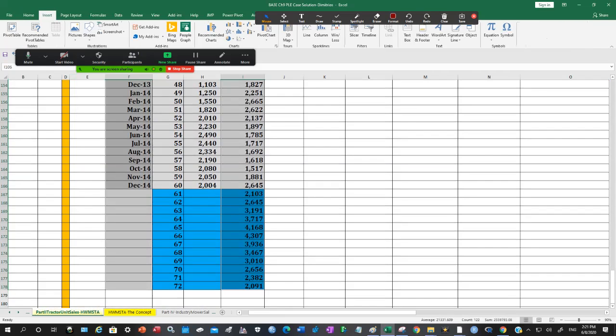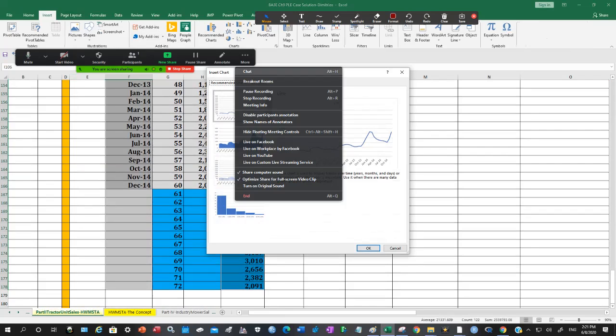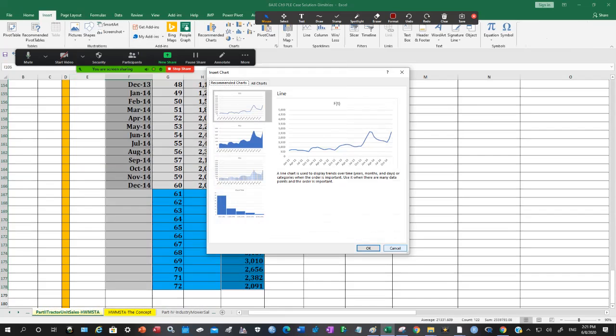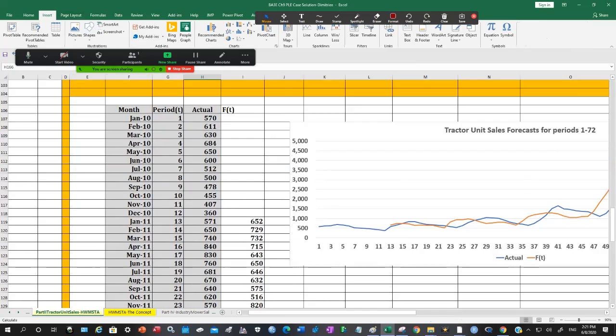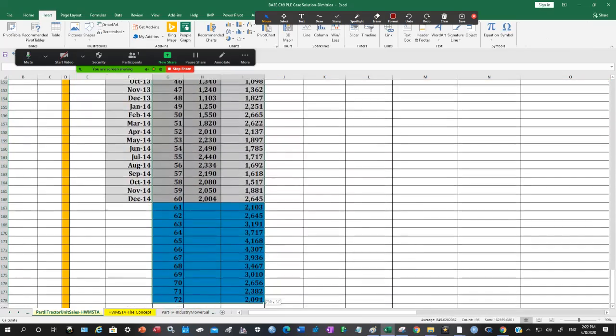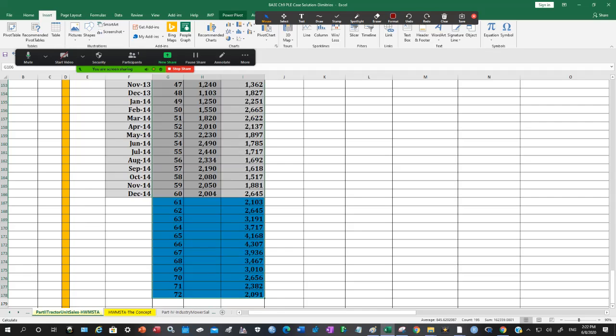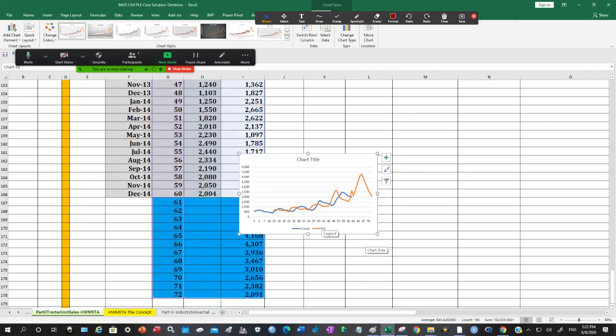And then I click insert recommended charts. Okay, I should have picked the period, the actual, and the forecasted. Right here, insert recommended charts, and you see this right here. This has the actual and the forecasts.